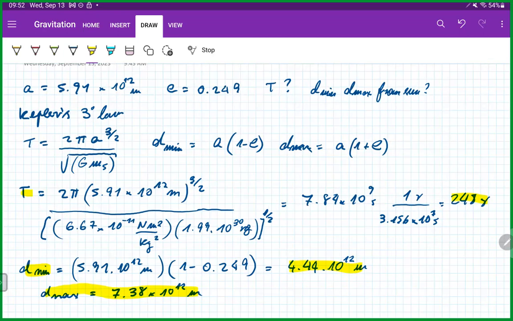So those are the distances from the sun. Basically, this is just the direct application of Kepler's law, right? And the geometry of the orbit, right?